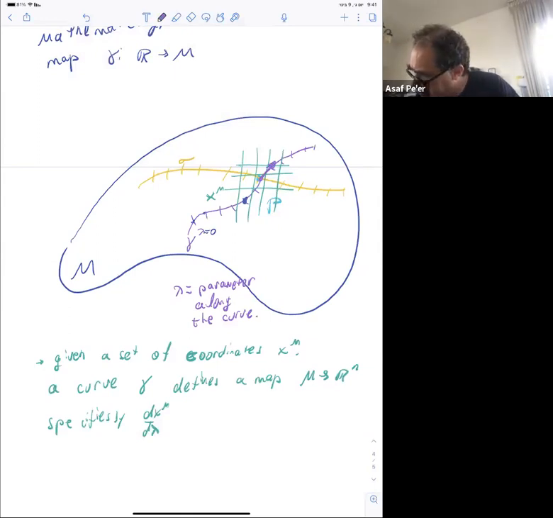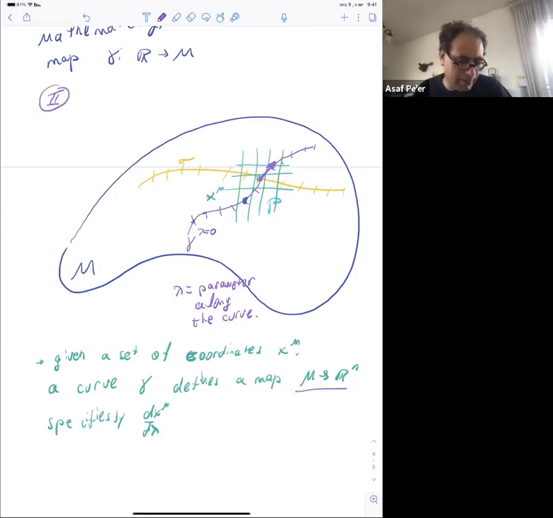I specify the mapping from M to Rn, essentially what the vector would do. But this is not what I want, because this is coordinate dependent. I had to specify the coordinates X mu first. So the approach is good, we're making progress, but we need to be even more general than this. Okay, so this was my second attempt.